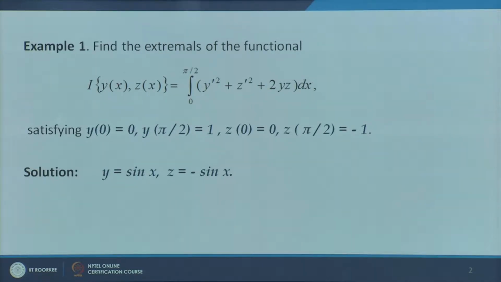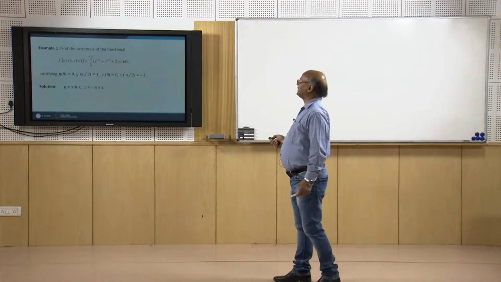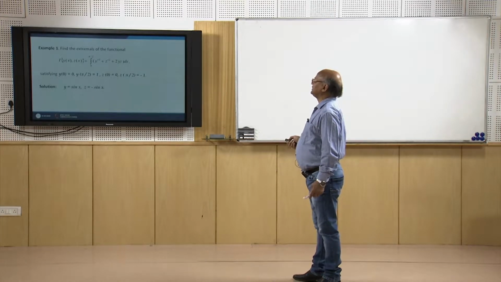So find the extremals of the functional I[y(x), z(x)] equal to the integral from 0 to pi by 2 of (y dash square plus z dash square plus 2yz) dx. So here y and z are two dependent variables that depend on a single independent variable x. y dash is dy by dx, z dash is dz by dx.